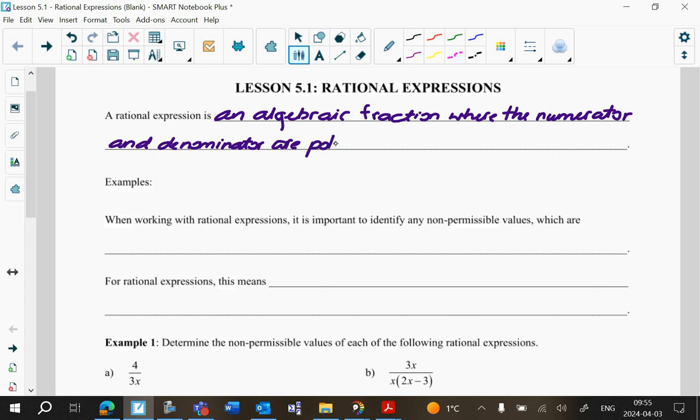That word should be familiar to you, but what is a polynomial?